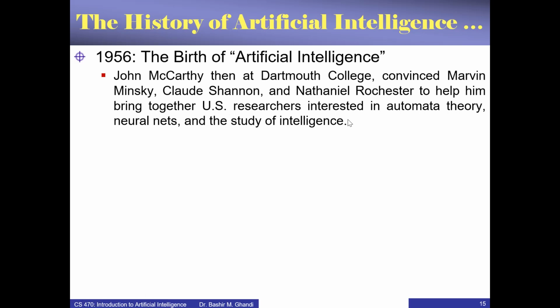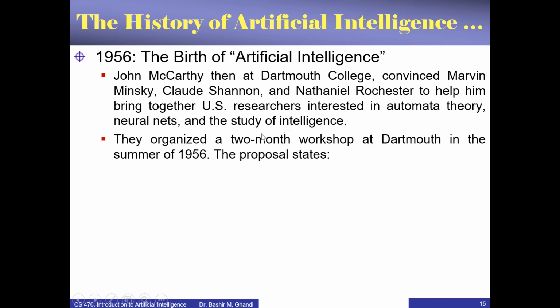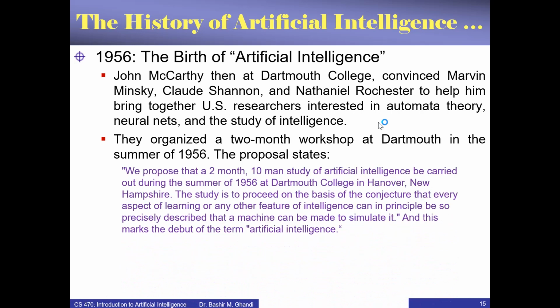Why did he need these people? He planned to organize a 2-month workshop in the summer of 1956 at Dartmouth, and this was his proposal. He said, "We propose a 2-month, 10-man study of artificial intelligence to be carried out during the summer of 1956 at Dartmouth College in Hanover, New Hampshire.